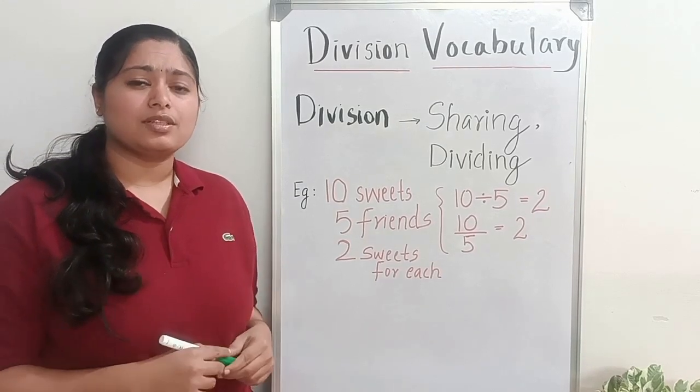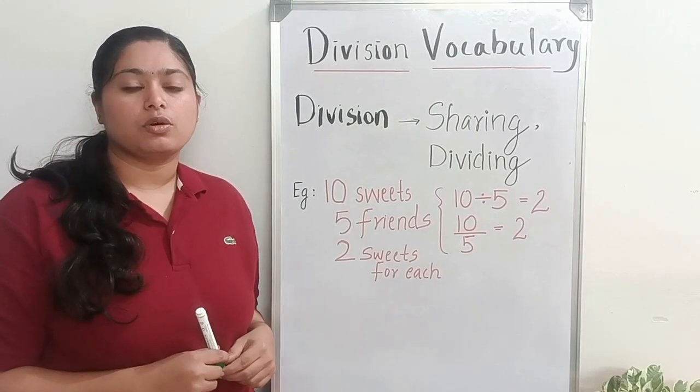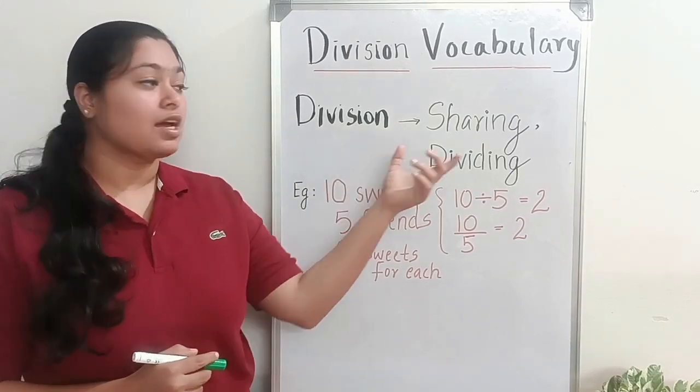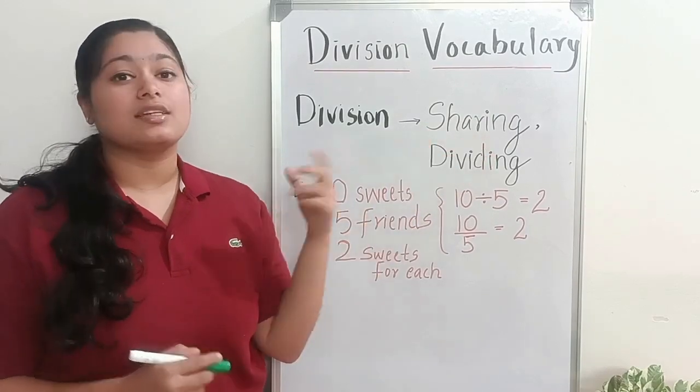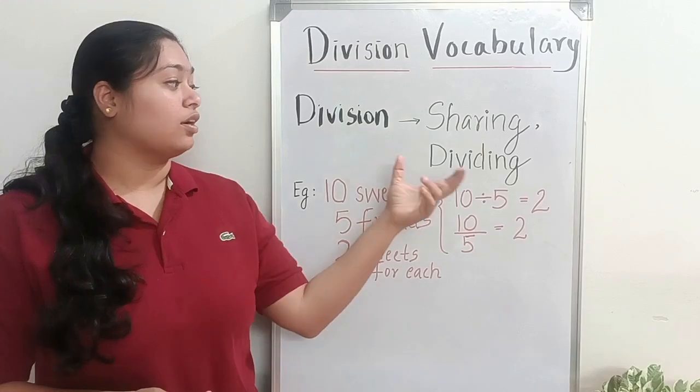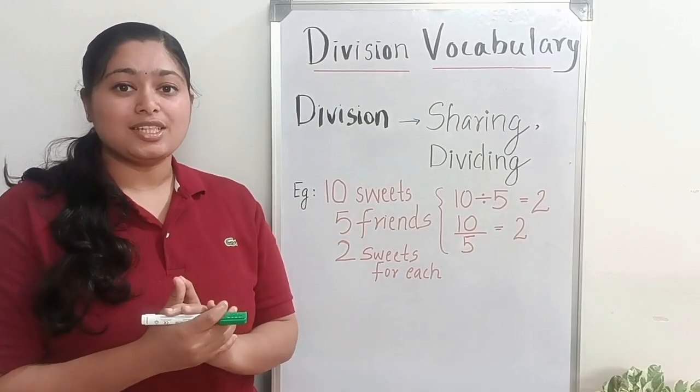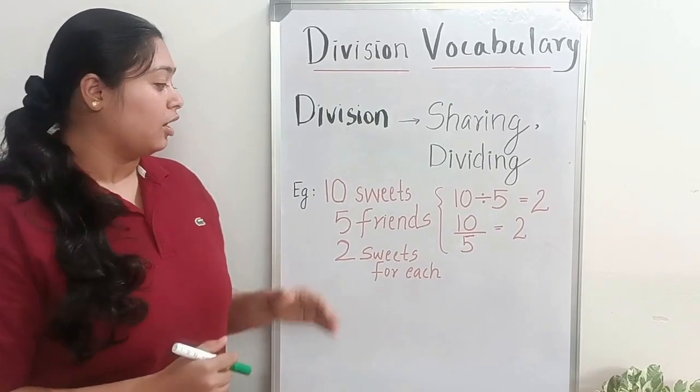So let's look into some division vocabulary. Sometimes I felt some of you might have a confusion of what is this division. Division means, in very simple words, we can say it is just sharing or dividing or grouping. Now let's look into a real life example.